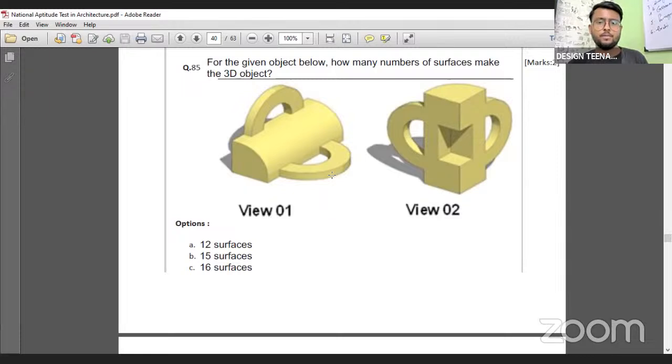See, 3 surfaces for these handles, 3 plus 1 is 4 plus 1 is 5. On the back side is 6. After that, 7 as a whole, 8 as a whole, 9, 10, 11, 12, 13, 14, and I guess I'm still missing something. It's 15 surfaces. 15 surfaces is the number that we have counted just now.